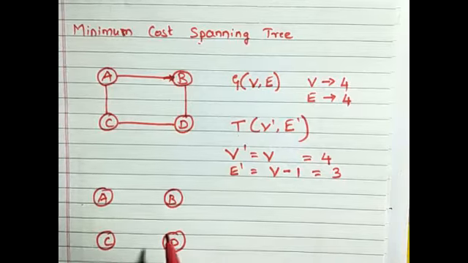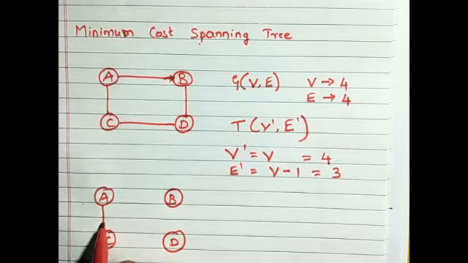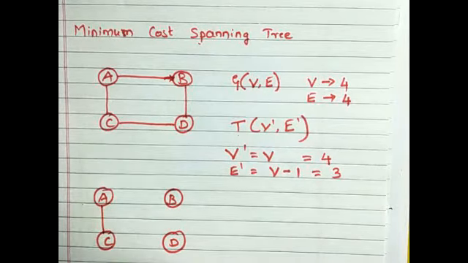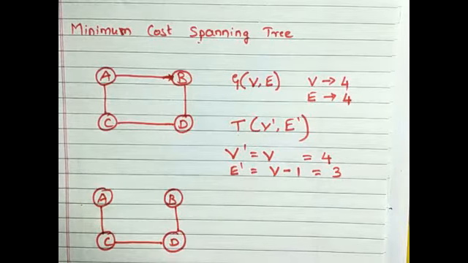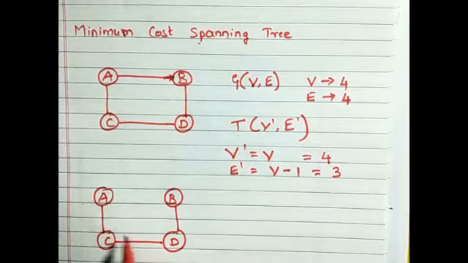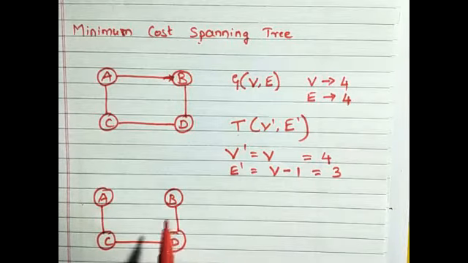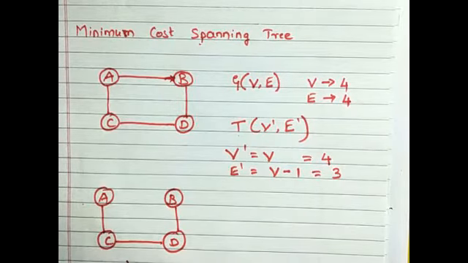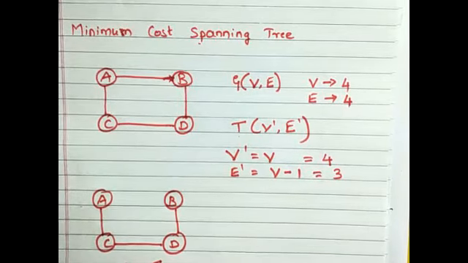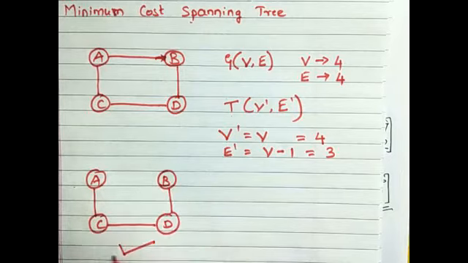That means I can have a first edge connected between A and C, a second one connected between C and D, and a third one between B and D. Now, here there are 3 edges and 4 vertices. Then I can call this particular tree a spanning tree.